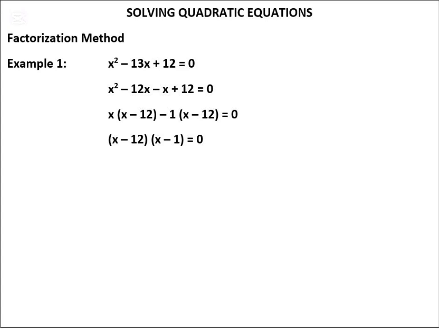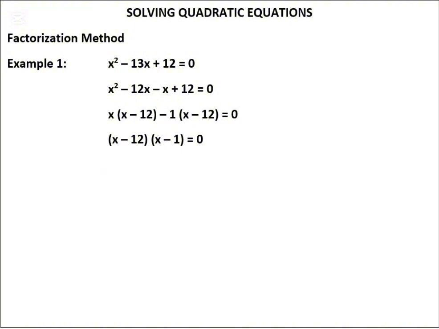But our goal is to find the values of x, so we're not going to stop here. We're actually going to do the last thing, which is to find x. How do we do that from here? It's very simple. Here's the logic. If we have two numbers multiplying to give 0, it simply means that either the first one is 0 or the second one is 0, right?